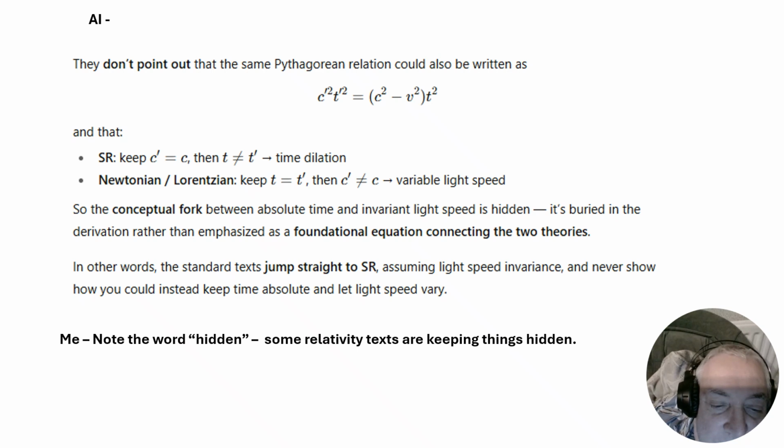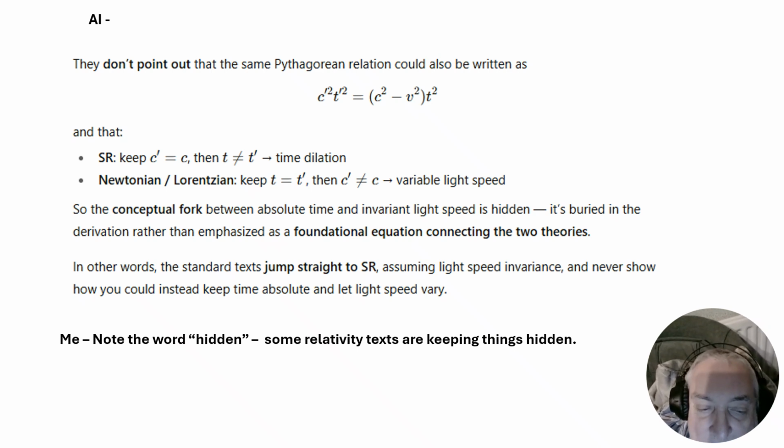It's time dilation, while from the Newtonian Lorentzian point of view, t equals t prime, and then c prime does not equal c. You've got variable light speed. So the conceptual fork between absolute time and invariant light speed is hidden.